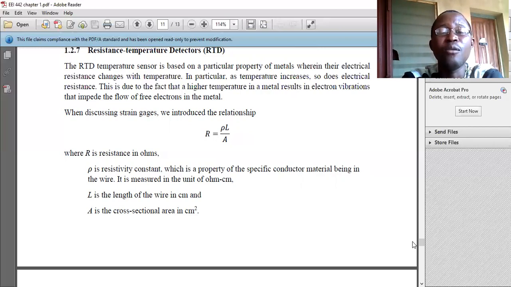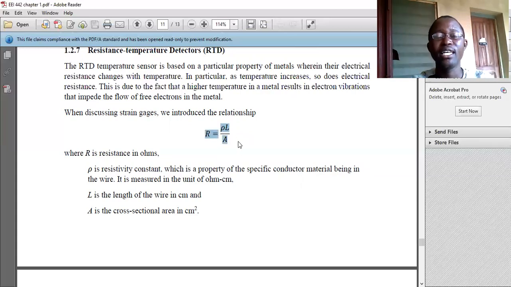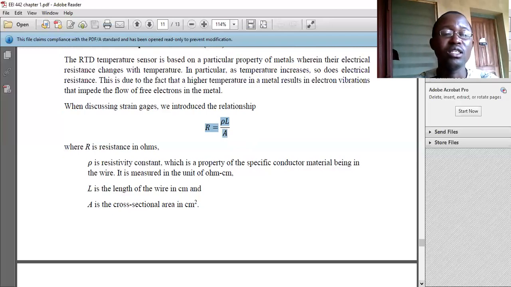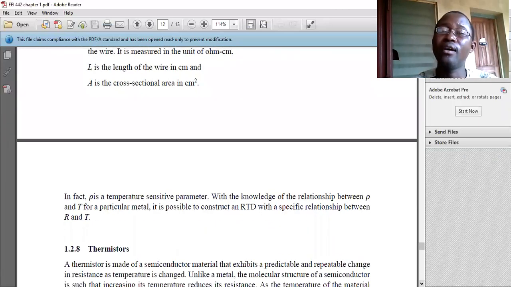Now, based on the same formula that we use up there, resistance equals rho L over A. I'm still using the same formula here. Resistance equals rho L over A, where rho is the resistivity of the material being used, whether it's aluminum, copper, or whatever metal, L is the length of the wire in centimeters, and A is the cross-sectional area of the wire.